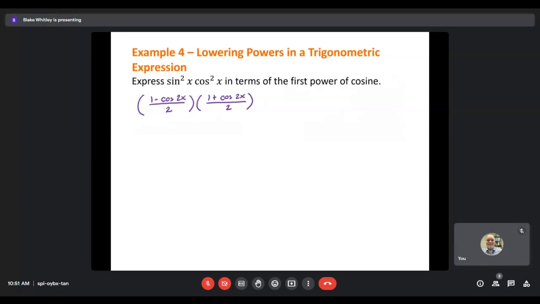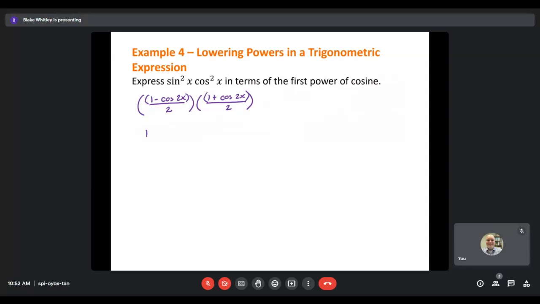The only problem here is if I were to actually keep all this and multiply it together, I'm still going to end up with a cosine squared. And so I'm going to go ahead and simplify this, multiply it out so that we can see that we get a cosine squared, because we're still going to want to simplify that and get it down to a first power of cosine. So I'm going to distribute all this out. So notice here I basically have a binomial in my numerator times a binomial over here. 1 times 1 is 1.